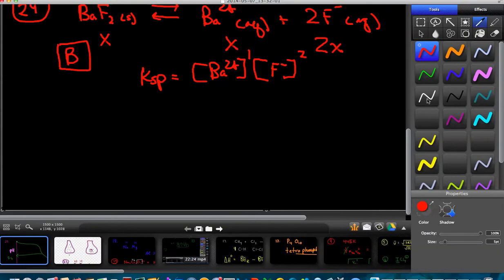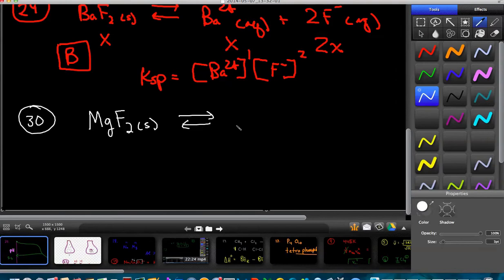Let's fit number 30 onto this one. This is a really good weak solubility equilibrium question. We have a saturated solution of magnesium fluoride. So we have magnesium fluoride solid that has dissociated as much magnesium ion that water can solvate and as much fluoride ion as water can solvate.